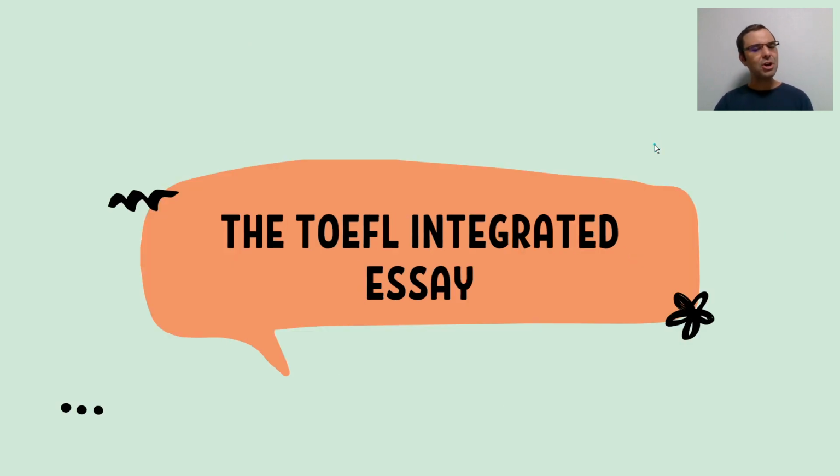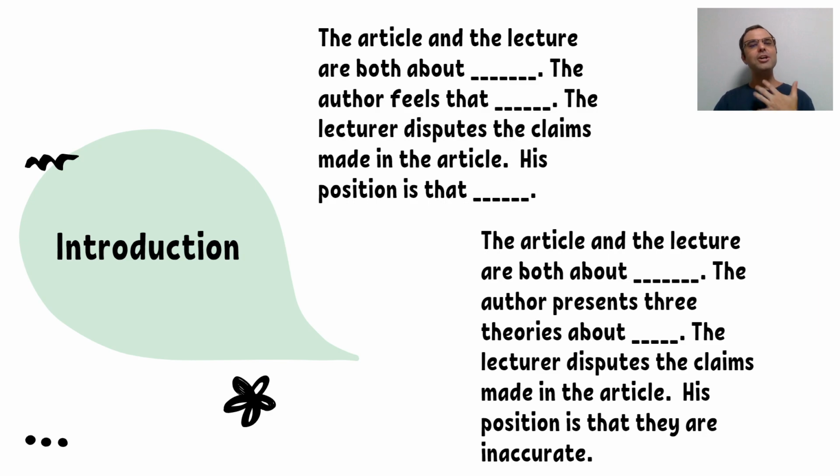All right, we'll get started by talking about the integrated essay, which is the first writing question. The template here starts with an introduction, and in this case, you have two possible templates to choose from. They are very similar, but they do serve different purposes.